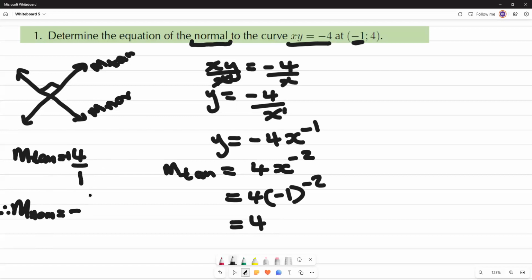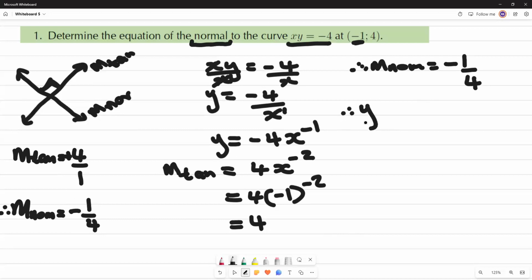Then these numbers are going to flip as well. It's going to be 1 over 4. You can multiply positive 4 over 1 times negative 1 over 4. You're going to get negative 1 because they are perpendicular. You need to remember that. Therefore, if I get the m of the tangent, I have the m of the normal. So m of the normal is basically negative 1 over 4.